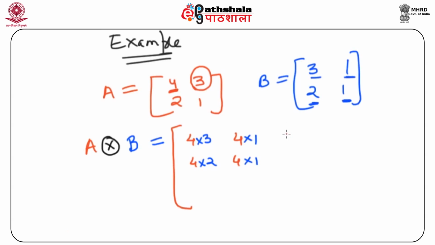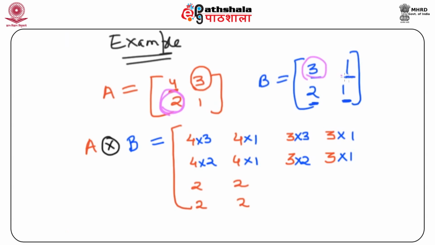Now let us take this element which is 3 of the matrix A, so we write 3 here, here and here. And now this is multiplied by all these 4 one by one, that is 3 multiplied by 3, 3 multiplied by 1, 3 multiplied by 2 and 3 multiplied by 1. Similarly, we take the element 2 of the matrix A, and write 2 at these 4 places, and multiply by 3, then 1, then 2 and then 1 in the respective places.